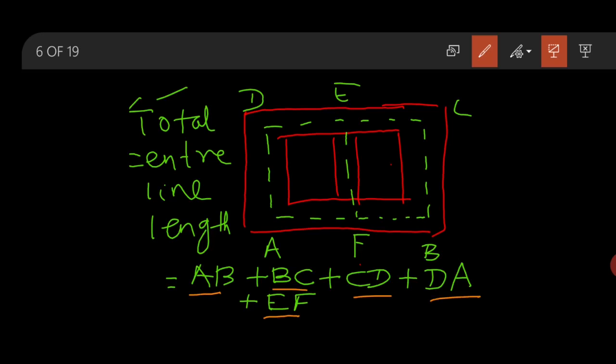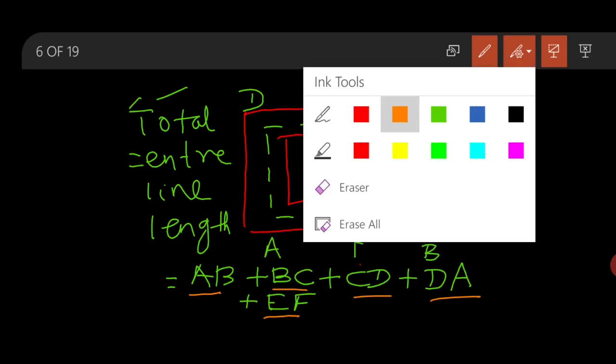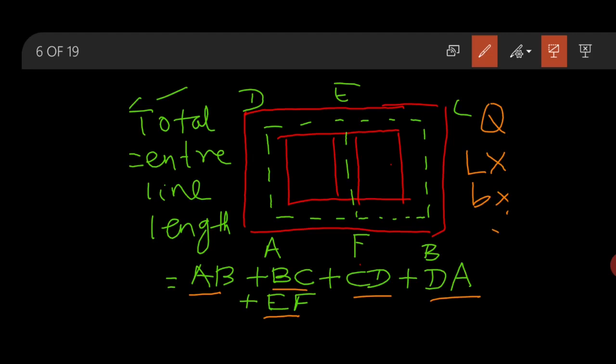And in order to get the quantity, the total quantity will be equal to length into breadth into depth. That means the total quantity is obtained by multiplying this total center line length with the corresponding breadth and depth of the item.